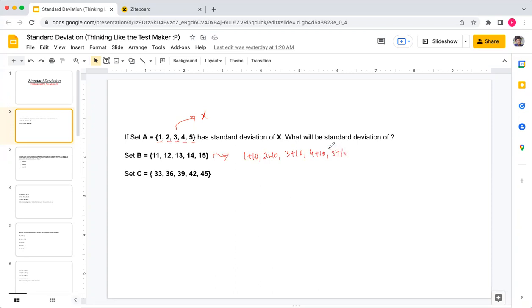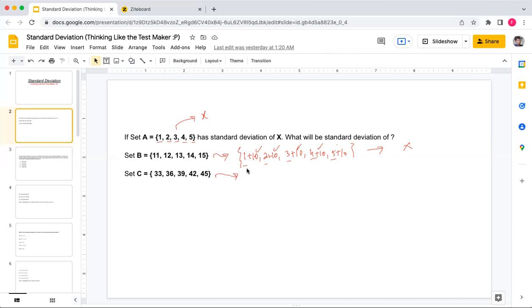Will this make any difference? No. These are the old elements 1, 2, 3, 4, and 5, and you're adding 10 to all of them. Their old standard deviation is X, so the new standard deviation also remains X, right? We already discussed this in the last class.